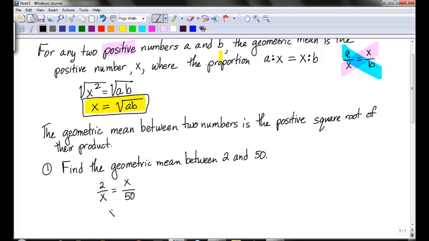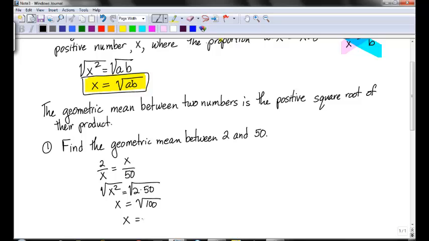And then I'd end up with X squared equals 2 times 50, and then I'd take the square root of both sides. So X equals the square root of 100, so X equals 10. You do not have to go through all of this. You can just say the geometric mean X is the square root of their product, and then go right to your answer.